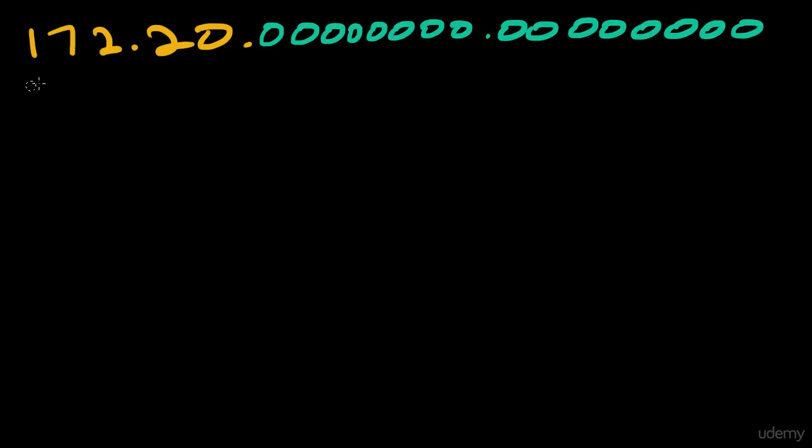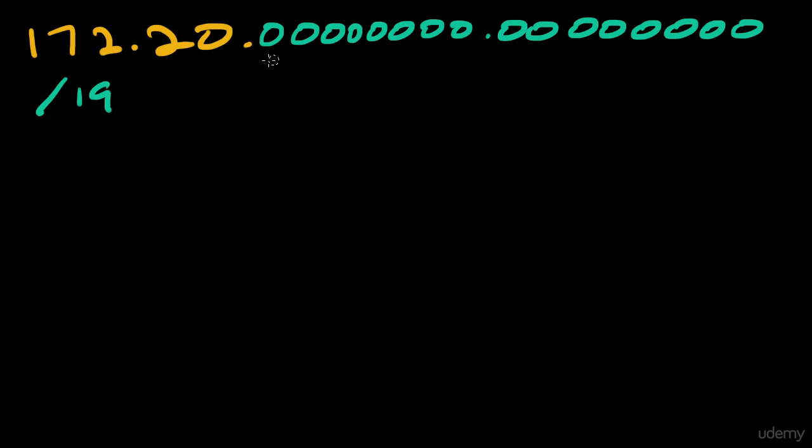The long way of writing all of this out is to look at the binary. So let's look at 172.20, and we'll look at the host bits in binary. This is 172.20.0.0/19.